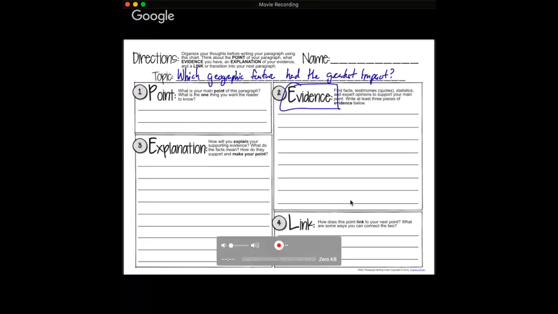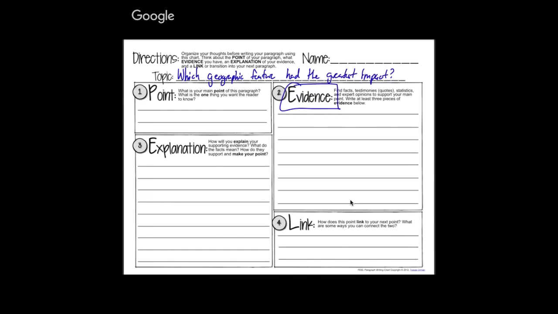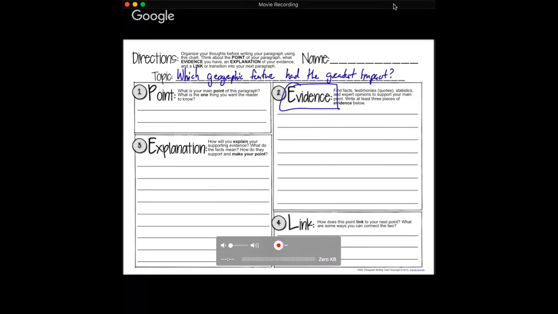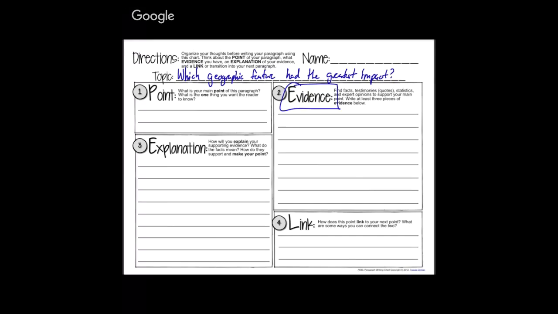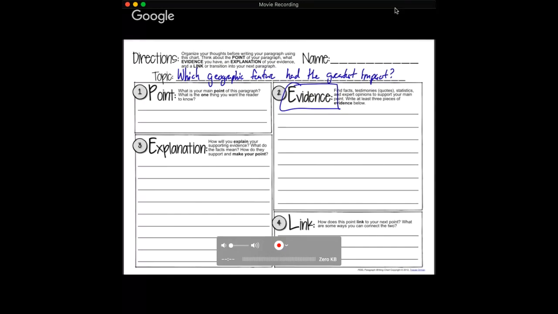All right, so after that, for homework, we wrote a Peel paragraph, right, about which geographic feature you thought had the most impact on Mesopotamians. And so you did that using our Peel writing strategy, right? So we know that Peel stands for point, evidence, elaboration, and link. We know that we need a point sentence because that point sentence tells us the reason why you think your side of the argument is correct, right?